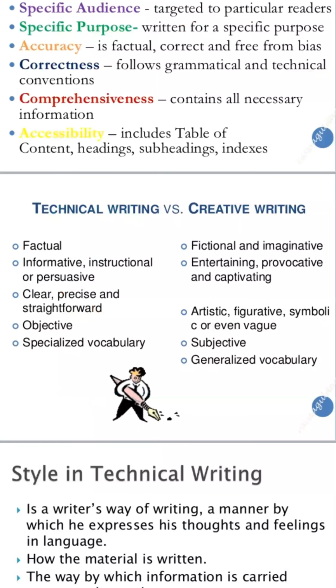You have an idea about creative writing, that it is fictional writing. Sometimes it is a story type that you are creating, so it is not based on any facts, because your own biasness is there, your points of view are included in it. So sometimes it is going to be imaginative.